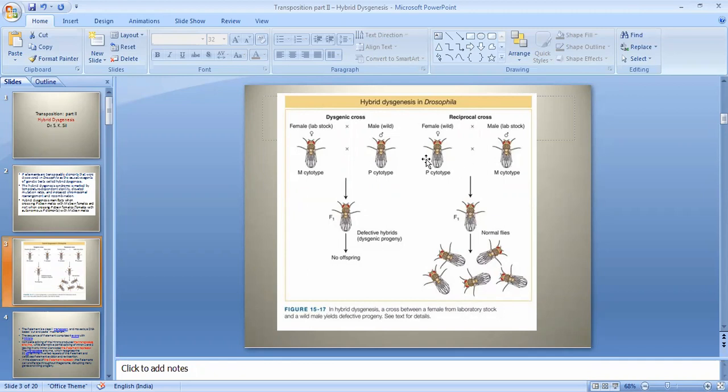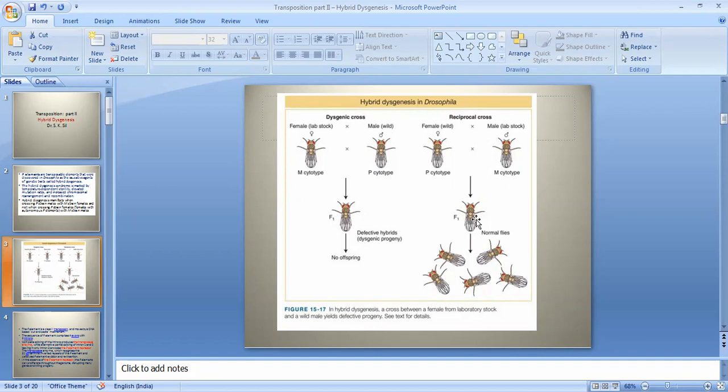In this case, you see when the female has P cytotype and the male has M cytotype, then the progeny produced due to the crossing of these parents doesn't become sterile. It is normal, and it can again produce progeny.